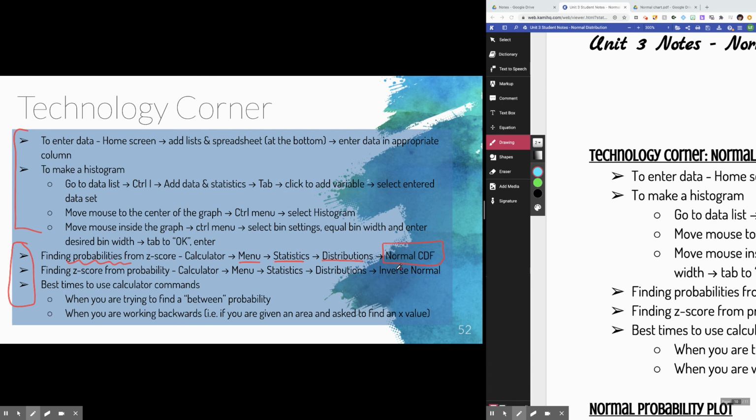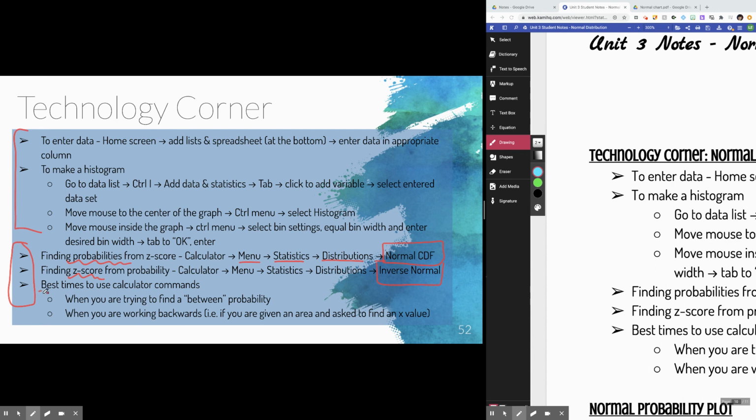Like I said, I'm going to post a video made by another teacher that will walk you through this step by step. If you want to find a z-score, like the last two that I did here, where you start with a probability and you're looking for a z-score, your command is inverse normal.